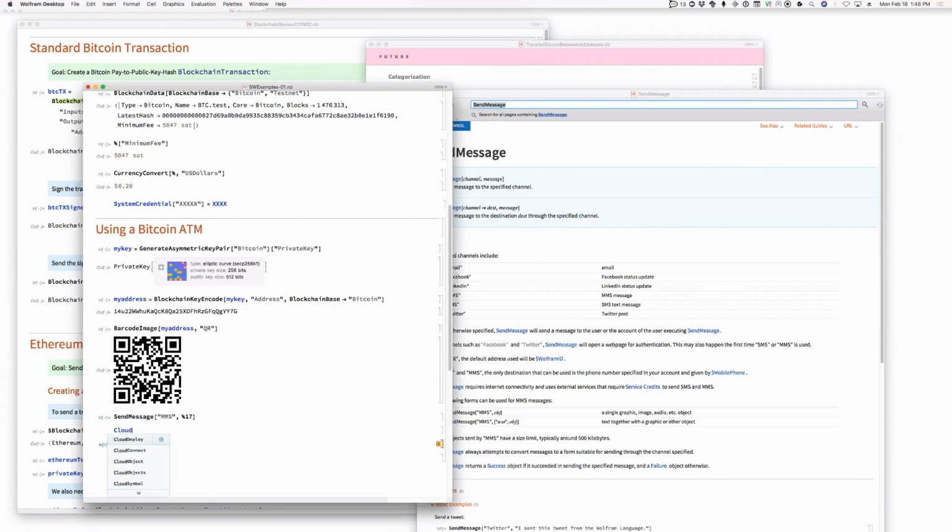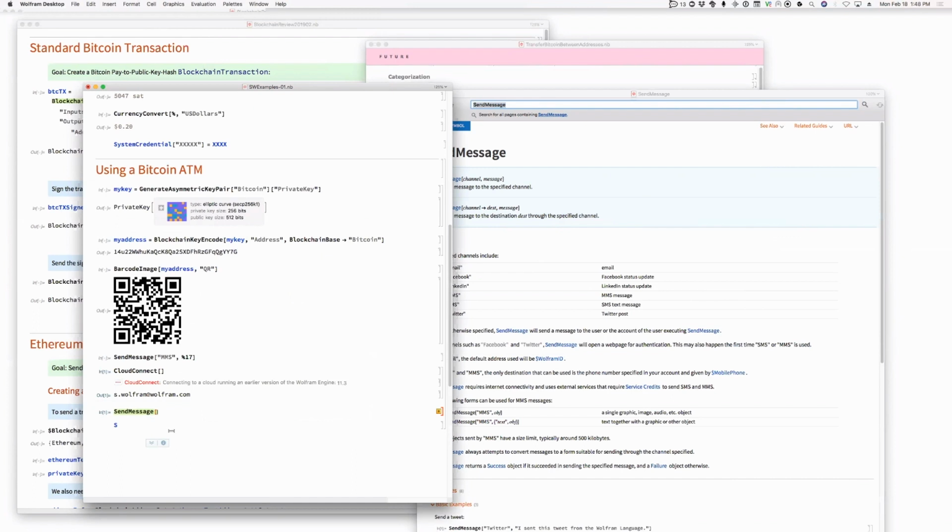Let's just check that I'm cloud connected. I think I have to be cloud connected for any of this to work. Okay, send message. Hello there. But you have to specify the channel first. SMS. I think that the kernel crashed when it was trying to auto-update the packlet.